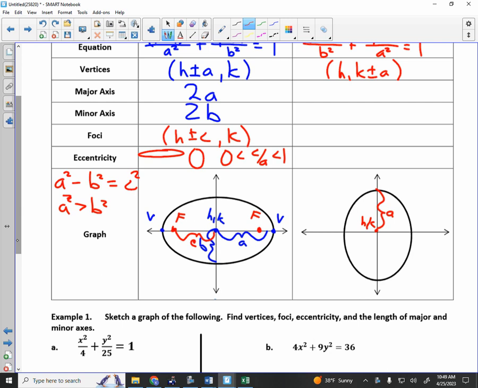The distance from one side to the other is, again, twice that a value. And then that shorter distance across that minor axis is going to be twice the b value. Foci still sit c units from the center.